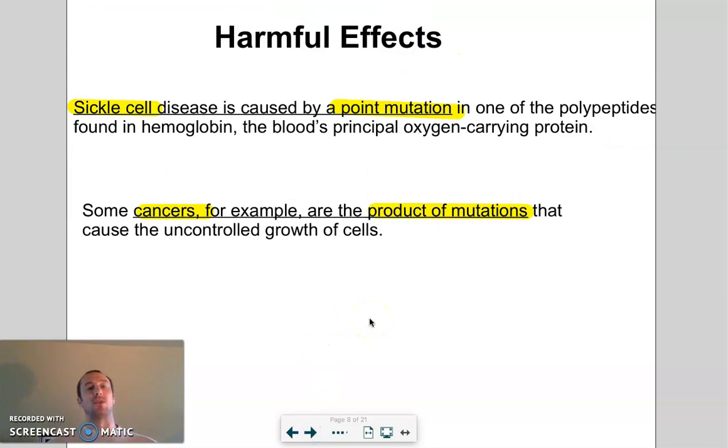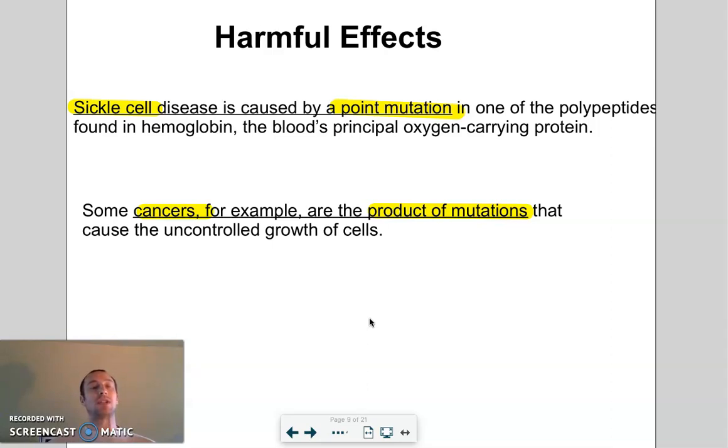Okay, so there are some harmful effects, of course, of mutations. One of the classic examples is sickle cell disease, and that's caused by a single point mutation, a single change in a letter in the nucleic acids that code for hemoglobin, which is the protein that carries oxygen for you.